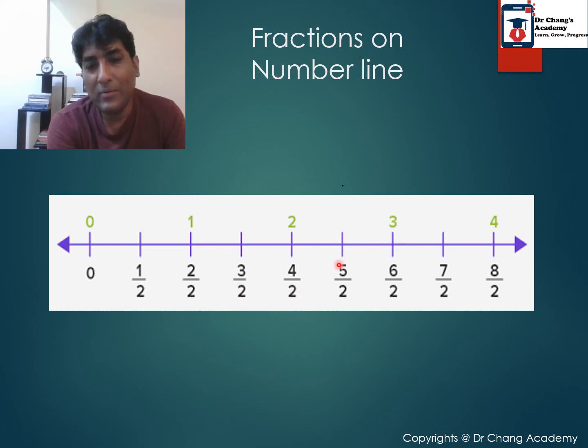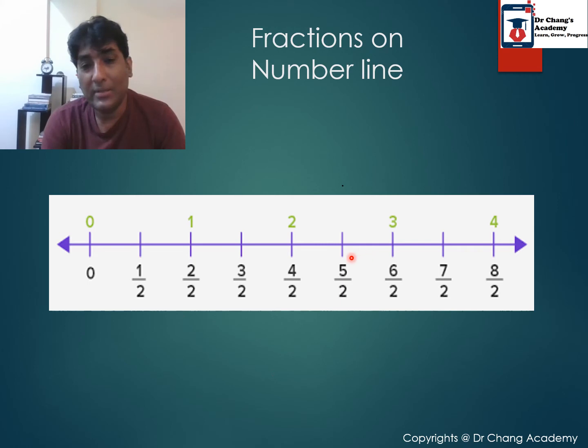The same way, five halves is less than 3 but more than 2. So in this way there are lots of fractions here too. So the number line is a good way to understand that there are lots of fractions in between these whole numbers that we actually use in our daily lives too.